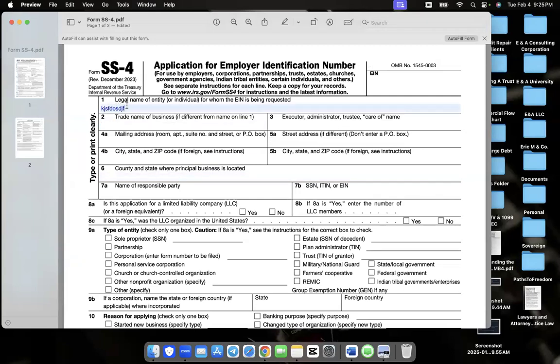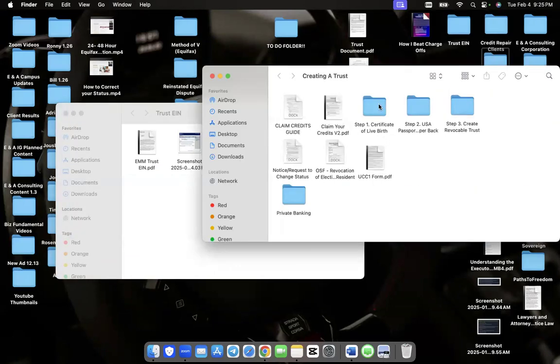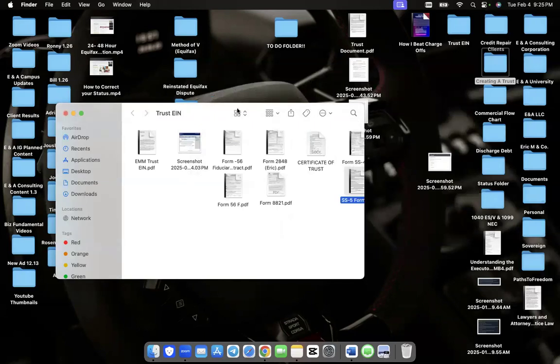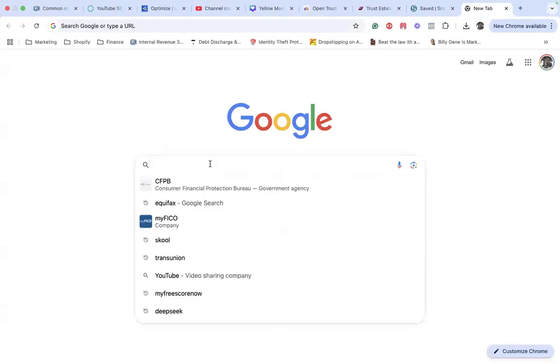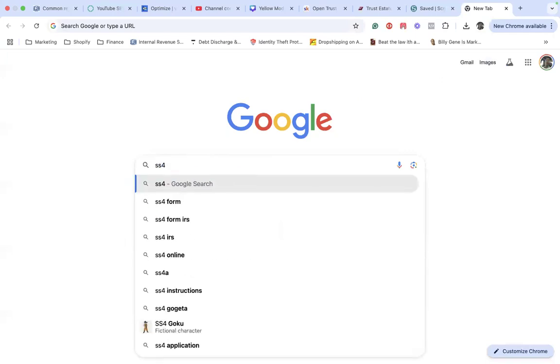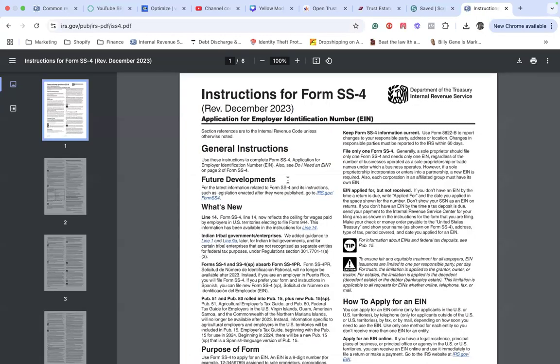Also remember, I'm teaching you this based off what I've done and what's worked. If you're still uncertain, I encourage you to also read the instructions that a lot of these documents come with. Let me give you an example. If you wanted an idea of the SS4 form instructions, it's all here.